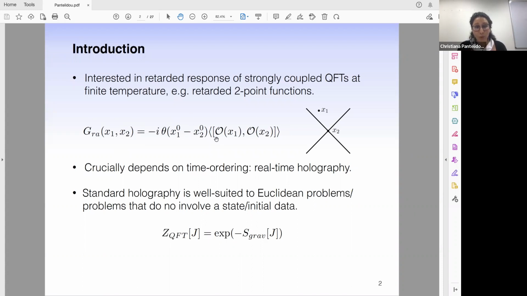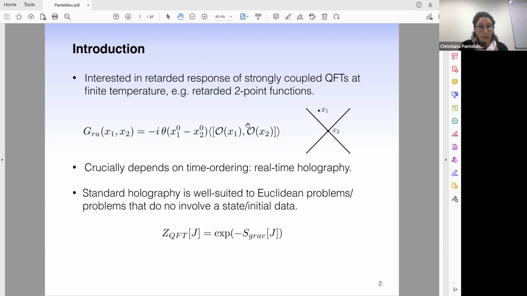We take the operator O at position x1, take the commutator of that with the operator at position x2, then take the thermal expectation value of that commutator and multiply the whole thing with this theta function, which essentially says that x1 has to be in the future of x2.